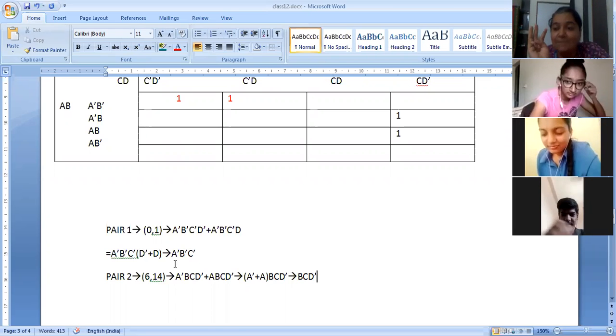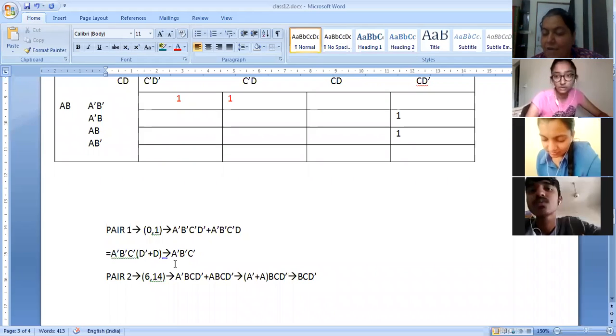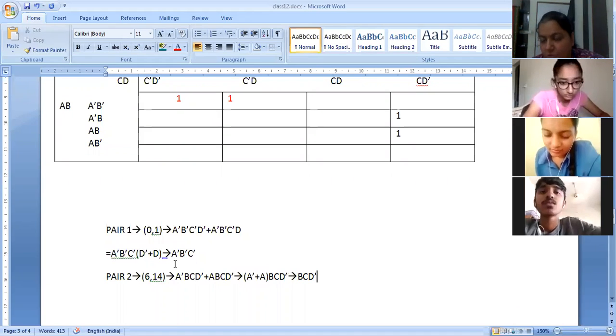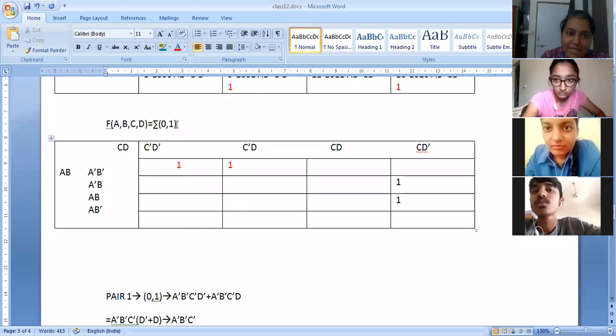It is not very simple like A bar or C or D. Why? Because it does not make an octet. We have made a pair. So now you understand that if you have two pairs in the question, suppose this is the question, I'm writing it here.